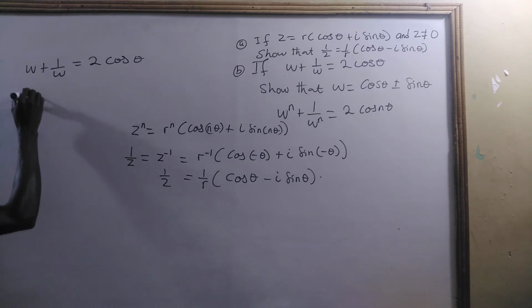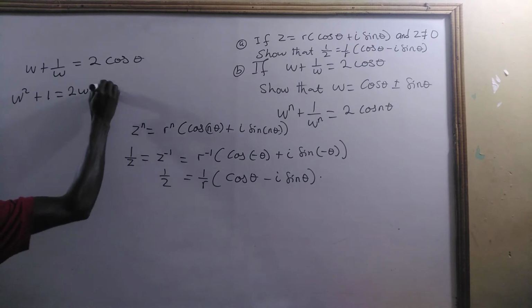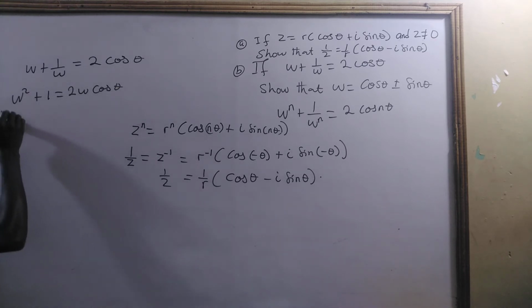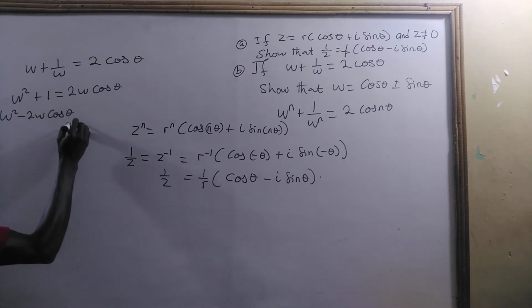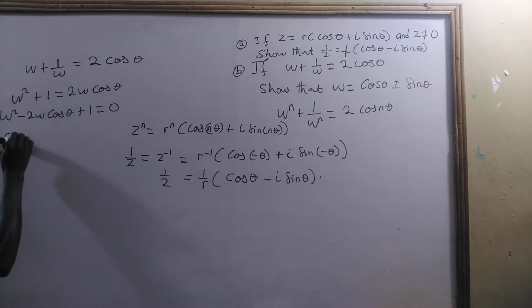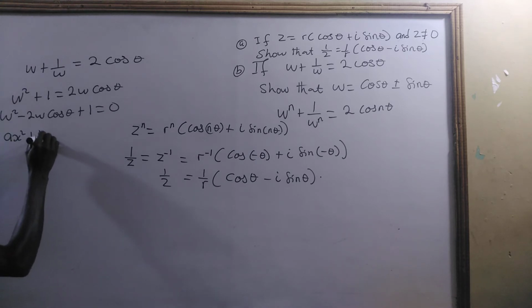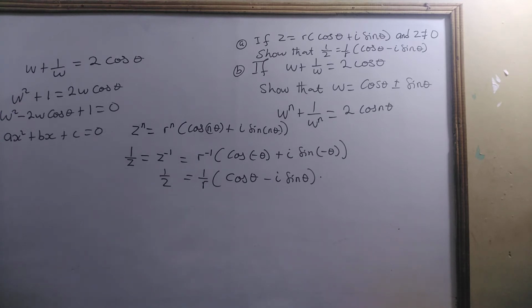We have w squared plus 1 equal to 2w cosine of theta. We have w squared minus 2w cosine of theta plus 1 equal to 0. Now this is in the form ax squared plus bx plus c equal to 0, so we can use the quadratic formula to solve this one.